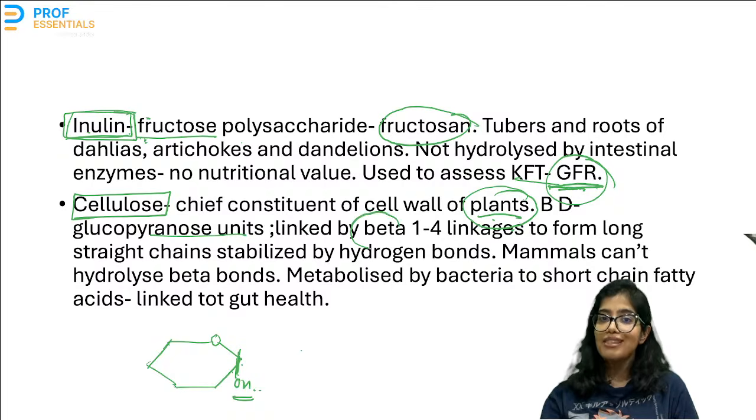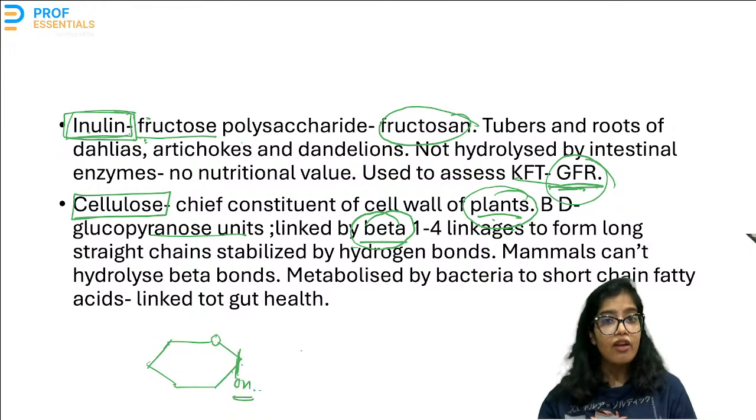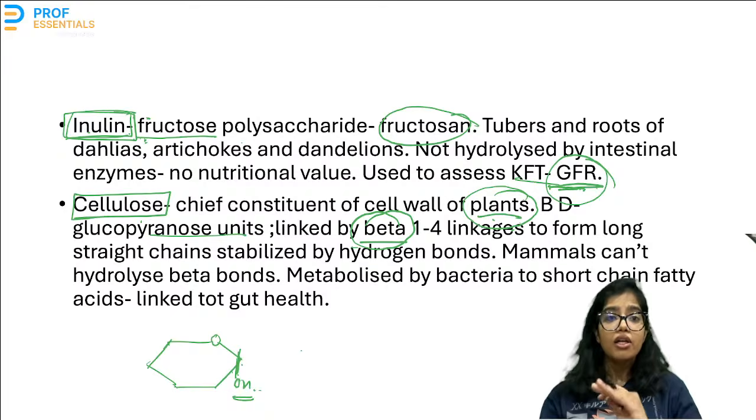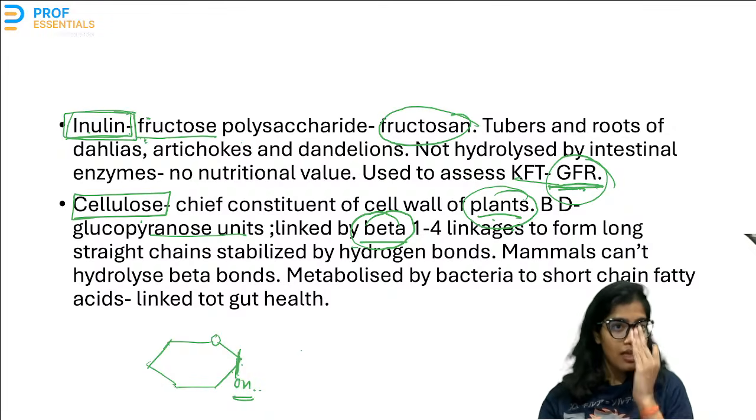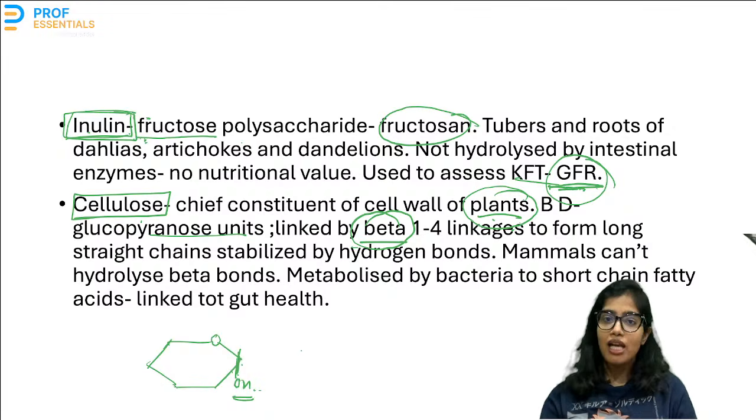They can only hydrolyze alpha linkages like in glycogen or in starch. Therefore, this cellulose is not digested by mammals. Cellulose, which is a constituent of cell wall of plants, is not digested by mammals because they cannot hydrolyze beta 1,4 linkages. But cellulose can be metabolized by bacteria, and bacteria present in the human gut digest cellulose to form short chain fatty acids.